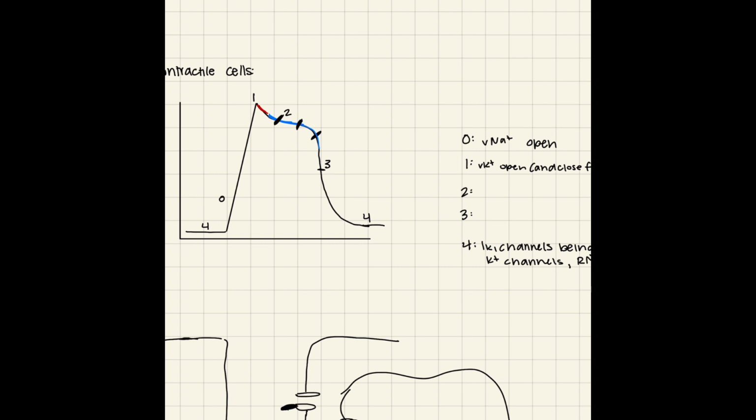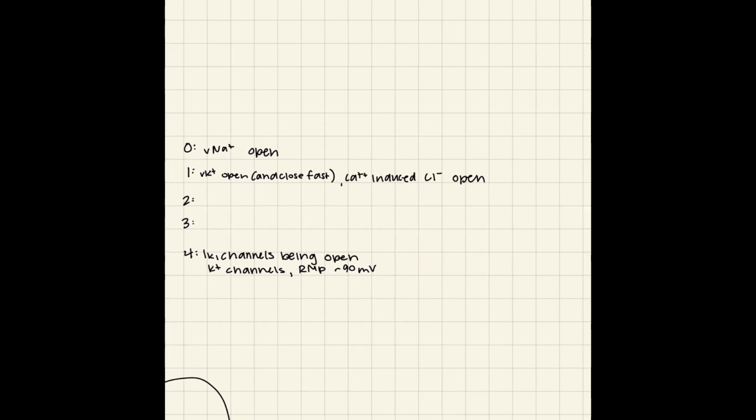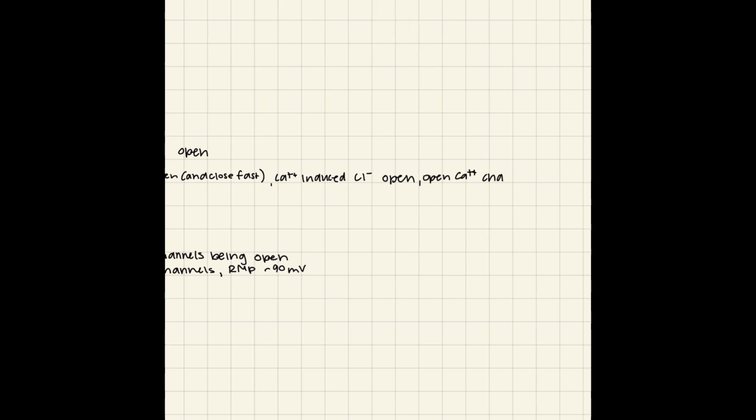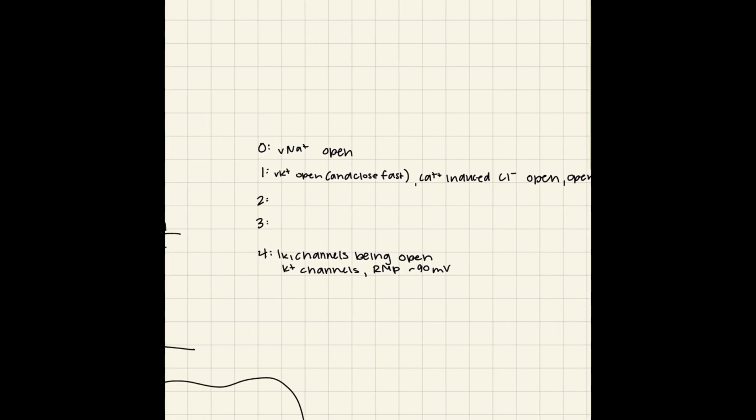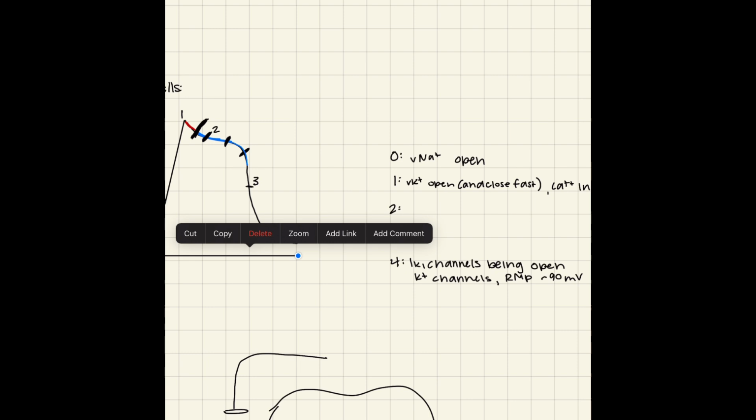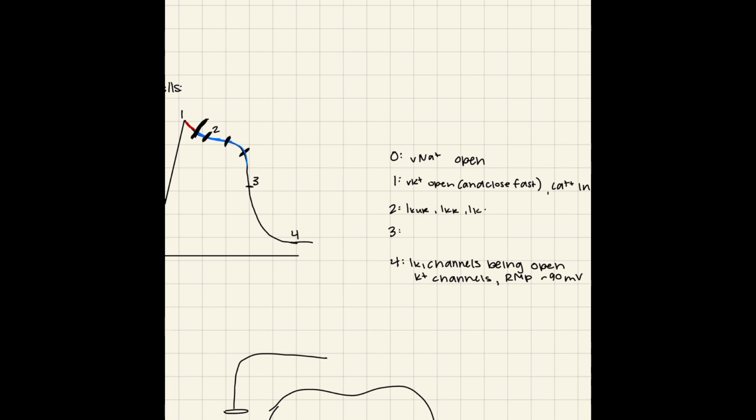Then in this area right here, we also open calcium channels. Again, we open T-type and L-type. Then in phase 2, we open three different channels: IKur, IKr, and IKs channels.